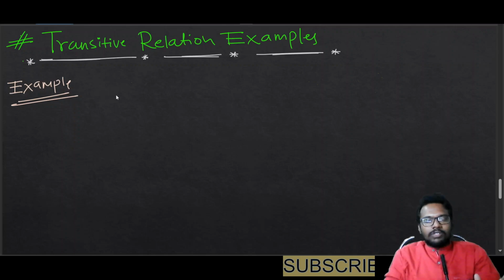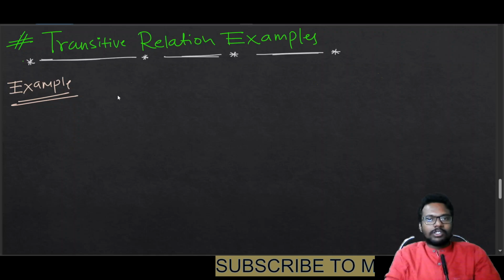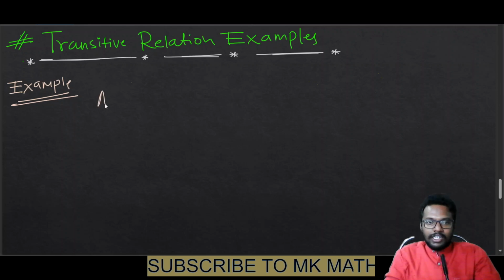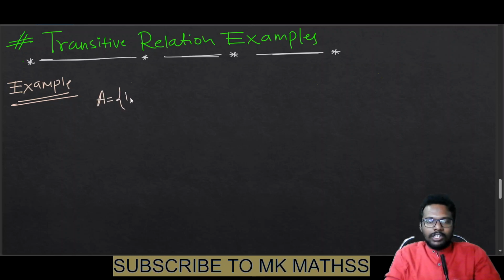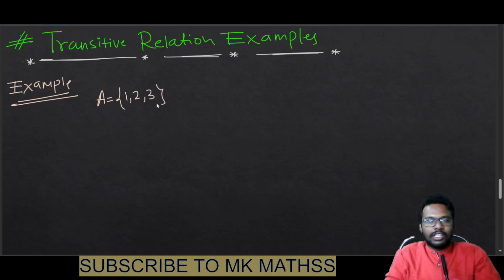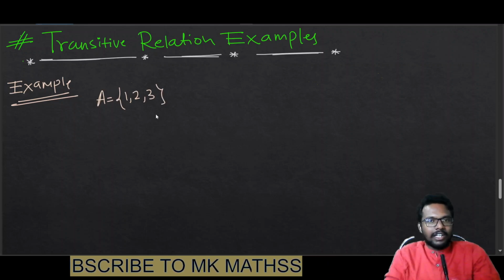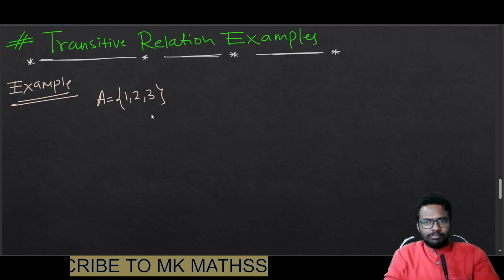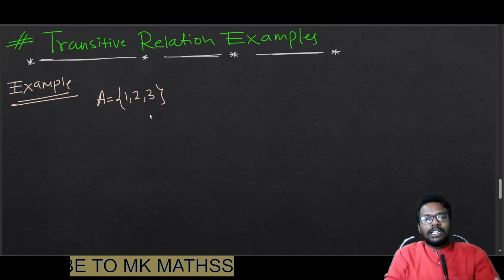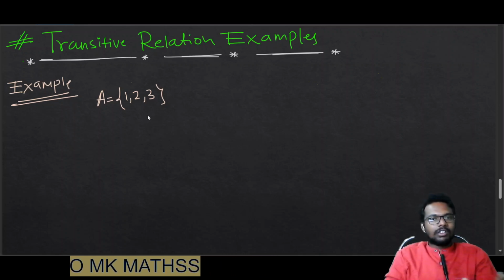In all previous videos I explained the types of relation: reflexive, symmetric, universal, empty relation. I considered the set A equals {1, 2, 3}. Here also I am considering the same set A equals {1, 2, 3} and creating a relation from this set A. Now we have to check whether the relation R is transitive or not transitive.